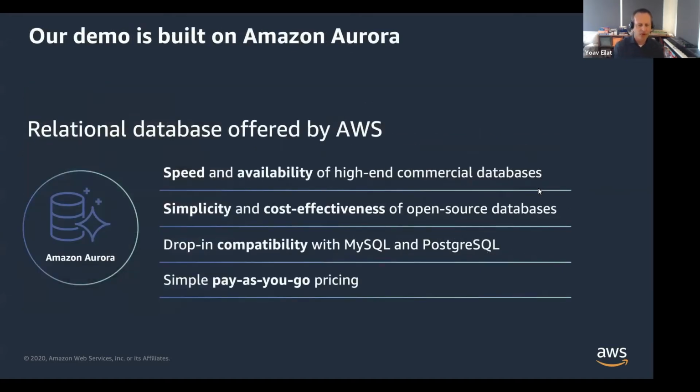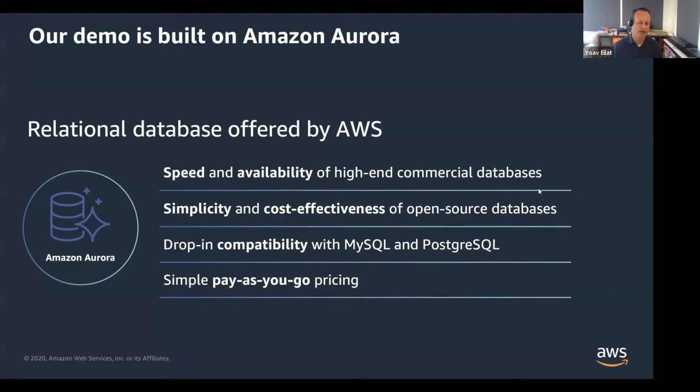Okay, so a few words about the technology that we're using, and then we'll jump straight into how we develop these algorithms and how they work. We're using Amazon Aurora, which is a relational database that's offered by AWS, for those of you who are not familiar. It's compatible with MySQL and PostgreSQL, and both of these editions support these machine learning capabilities that we're talking about, and they were released at the end of last year at our re:Invent event in 2019.